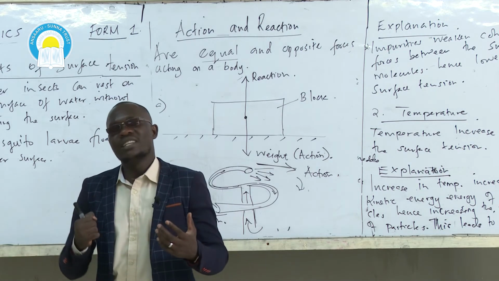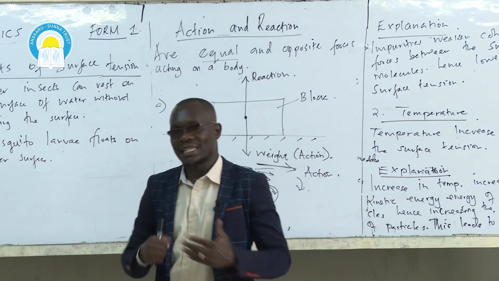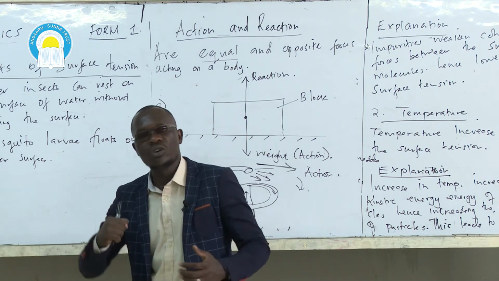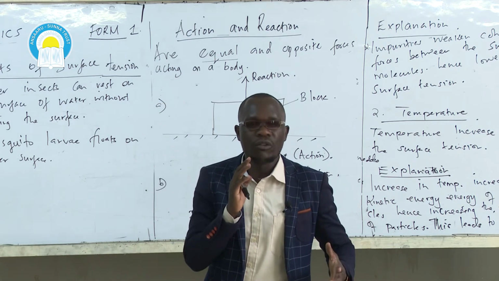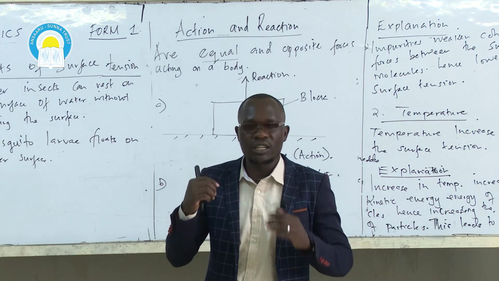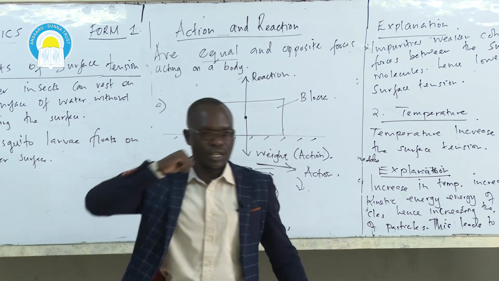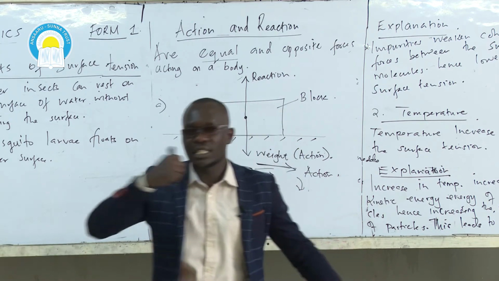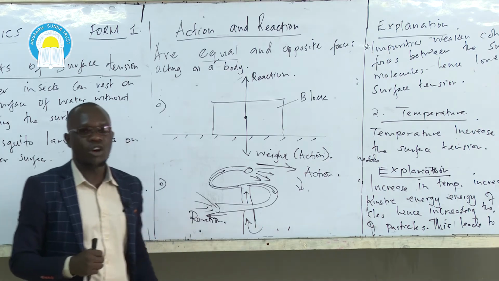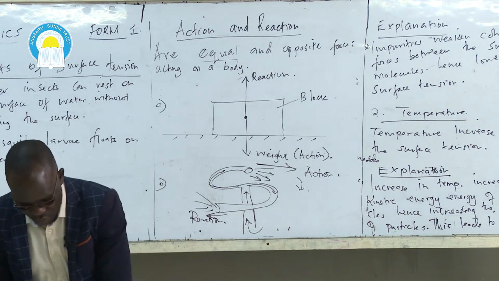If somebody punches you on the cheek, he is acting on your cheek by exerting a force using the blow. The cheek has to provide a reaction force on the hand equivalent to the action on your cheek. So those are action and reaction forces.